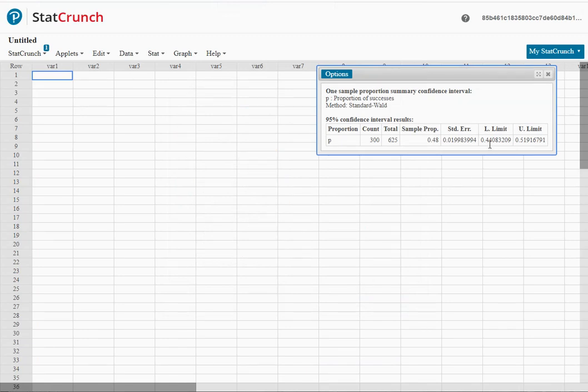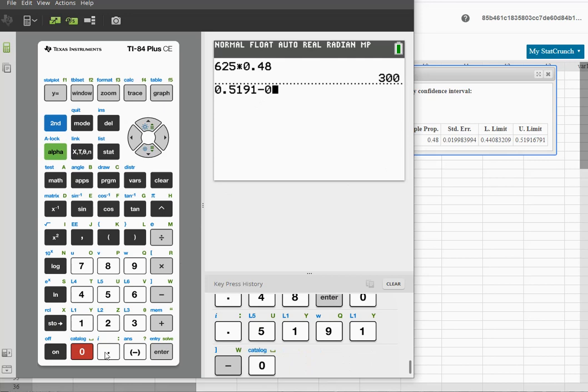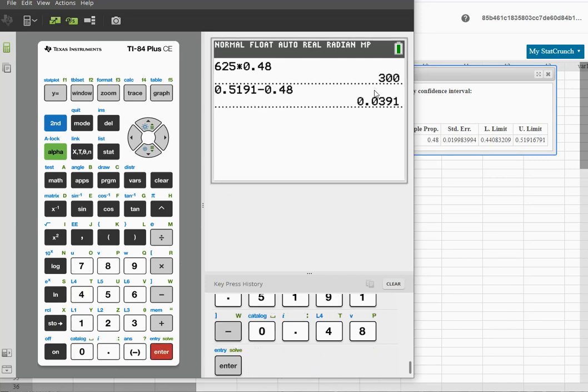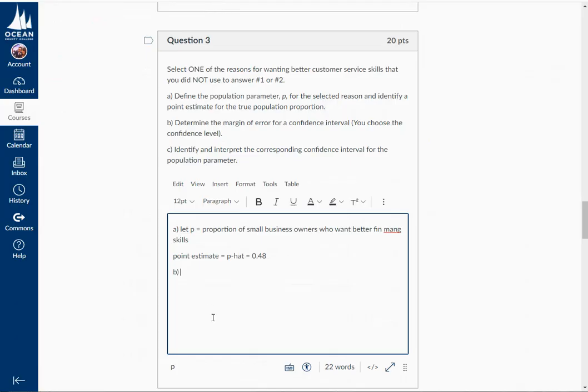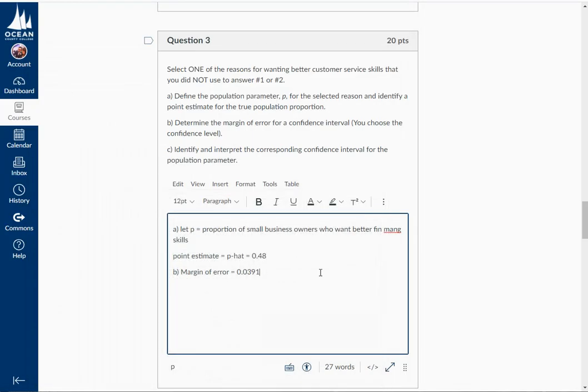You can see here you have the lower limit and the upper limit for the confidence interval. So the margin of error is you would take your upper limit, which is 0.5191, and you would subtract your point estimate, which is 0.48. And the margin of error is 0.0391. So 0.0391. Okay, so just upper limit minus the point estimate.